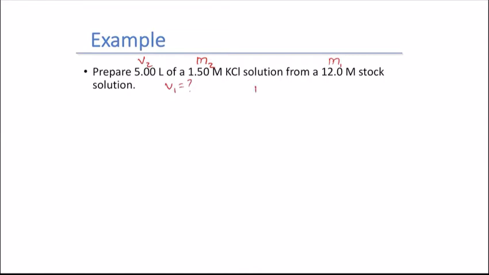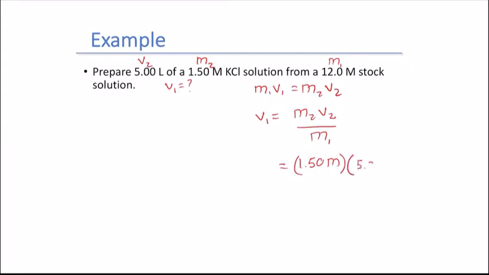So we can use our equation, M1V1 equals M2V2, to set it up. And then this equation can be rearranged to figure out V1 equals M2V2 over M1. And then once we plug in all of our numbers, we get 1.5 moles per liter times that 5 liters divided by 12.0 molar.